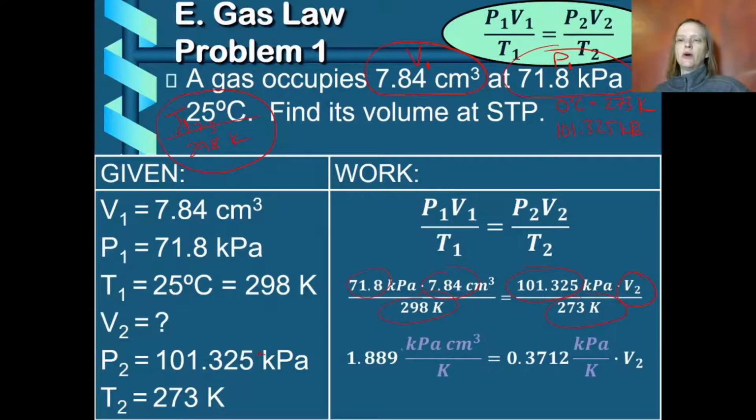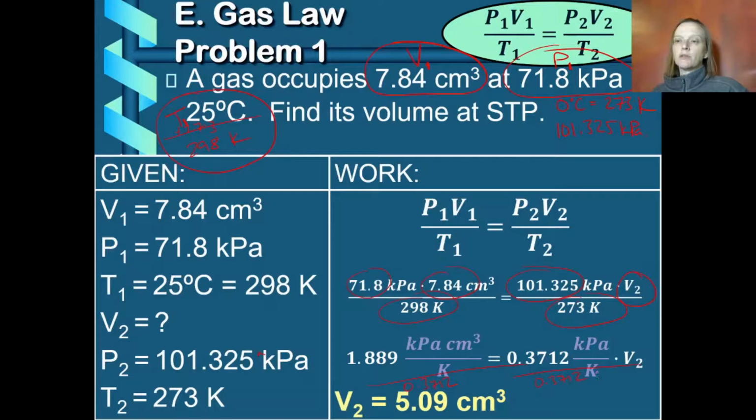So if I do this multiplication and division on the left, I'll get 1.889. If I do this division on the right, I'll get 0.3712, but I still have volume as my variable on the right-hand side. So now I want to divide both sides of the equation by 0.3712, and I will get as my final answer 5.09 cubic centimeters.